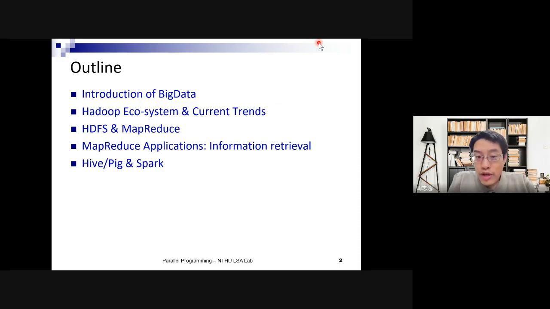We will also arrange a lab using the cloud so that you have experience using Hadoop and understand how to do the coding on Hadoop. All right, so there is still a lot to talk about for distributed computing. So let's start with the introduction of big data.